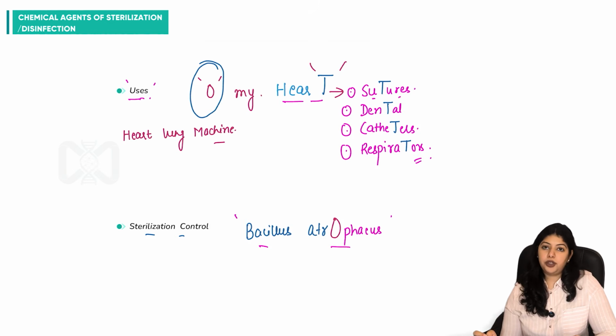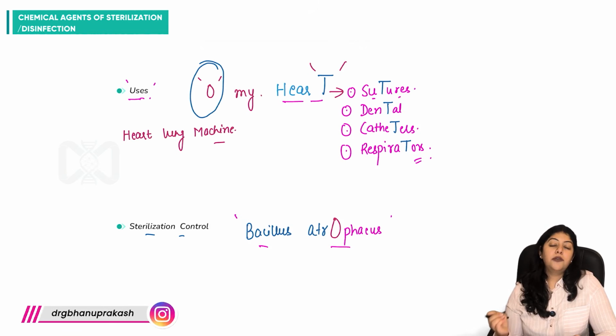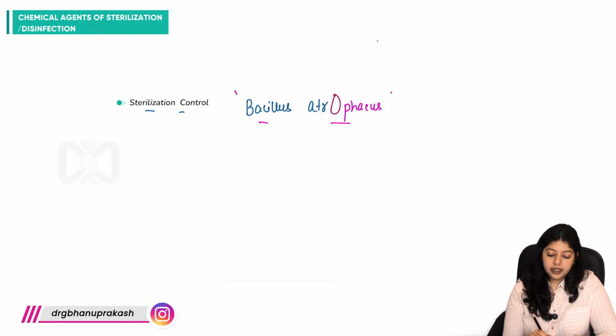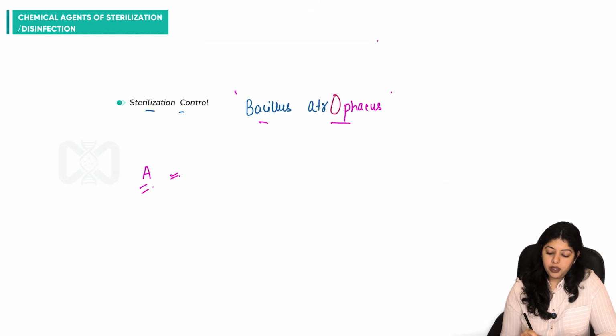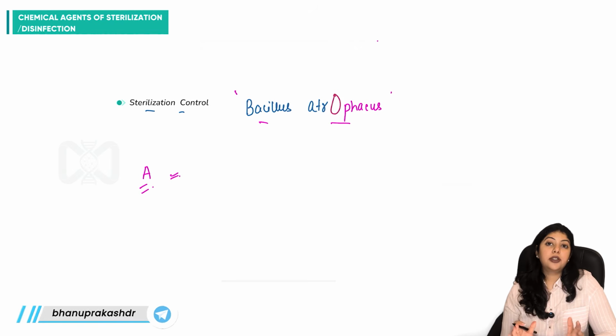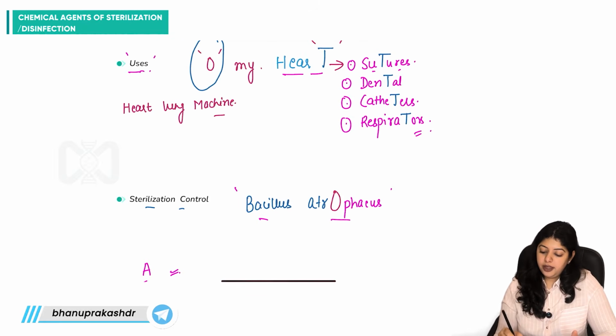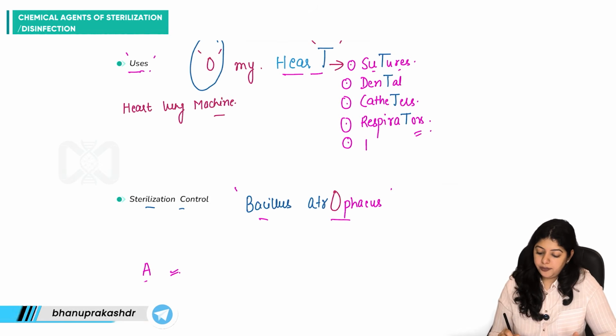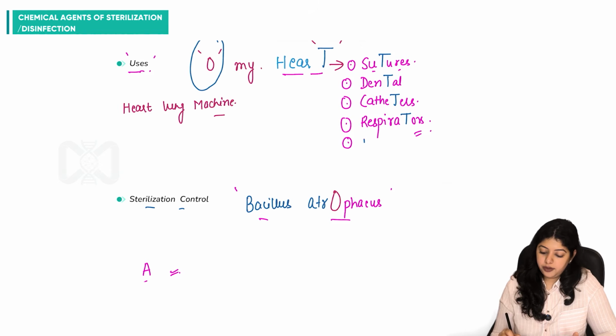So why is this ETO machine used? Because it has a better spectrum of activity against certain agents which are very sensitive to other agents, like higher temperatures. For example, when we are talking about T's, we should also remember tubings.